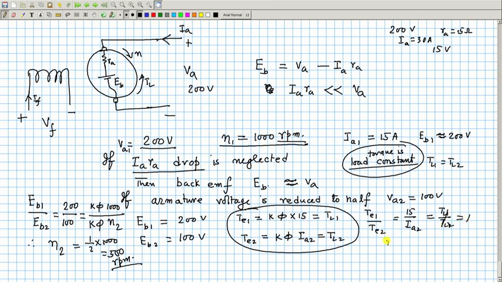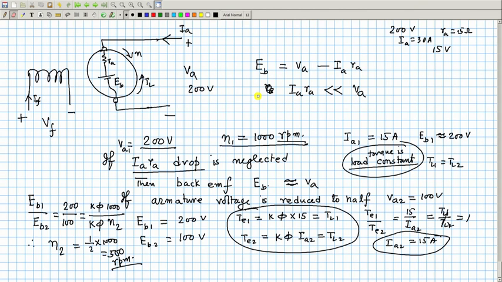Therefore, you see Ia2 will remain the same as 15 ampere, but the speed will be half. In other words, sometimes if you are told to neglect that small armature resistance drop, then the problem becomes very easy. Back EMF is decided by the supply voltage. That is the one thing.